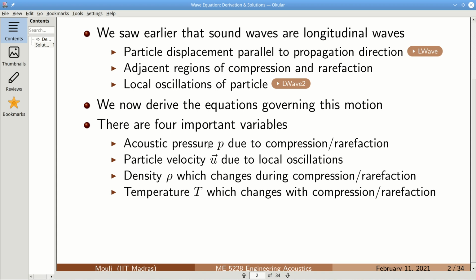There are also temperature changes with compression and rarefaction. We will get to this. Of course, the temperature changes are not very large, because if they were, then you would feel them. Obviously we are not going to create a 10-degree increase by just speaking.